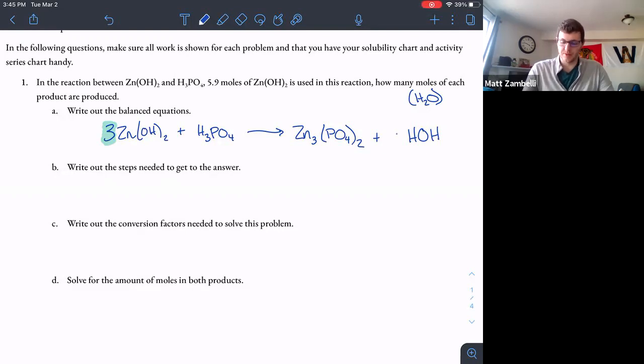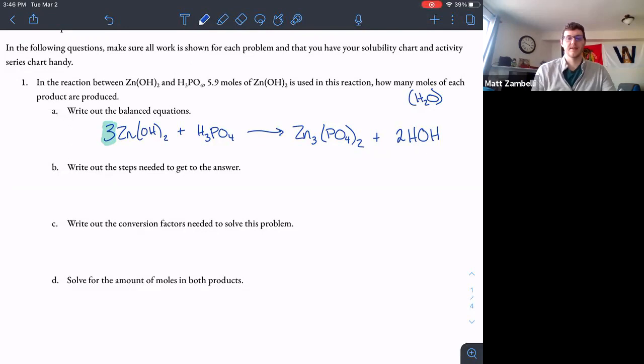By 2, all right, so I put a 2 here. They're the same now? Are my hydroxides the same number now?